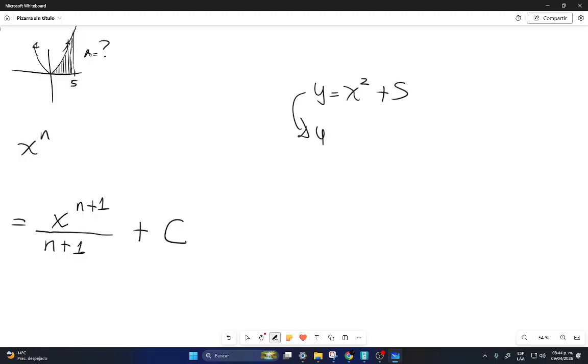And if I differentiate, it will be 2x, and that's it, because the constant disappears. So let's imagine that I want to go back to the original function. If in this way I do differentiation, then I have to do the opposite to turn back, which is integration.